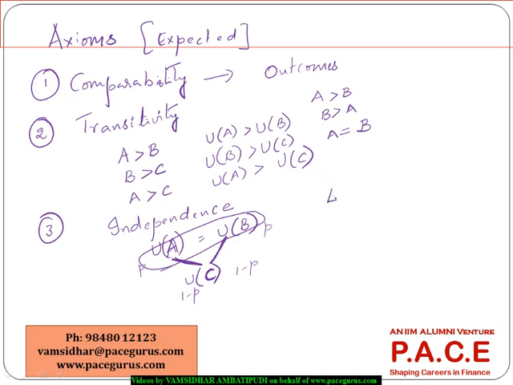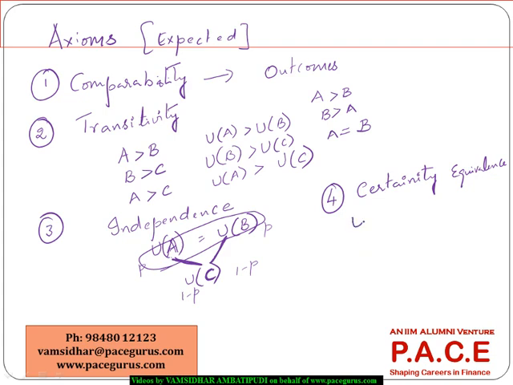And one more important axiom that is driving this expected utility theorem is a certainty equivalence. Very important concept, a certainty equivalence.